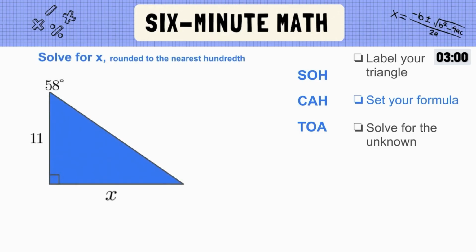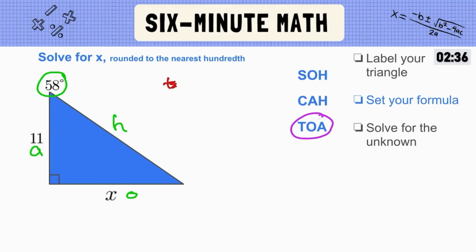On to another example. We're going to solve for x in the following. So we're going to circle that reference angle again, and we're going to label hypotenuse, opposite, adjacent. In this situation, I have my adjacent and my opposite, and I look at my trig functions, and I know that I'm using my tangent function.